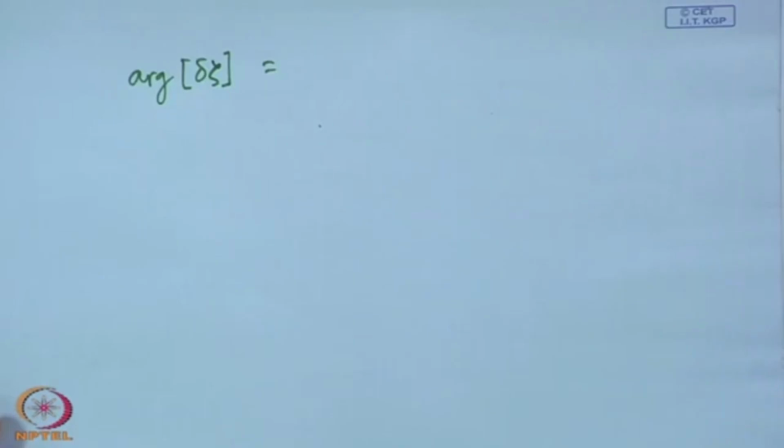How much is it? What will be the argument of d zeta dz delta z?